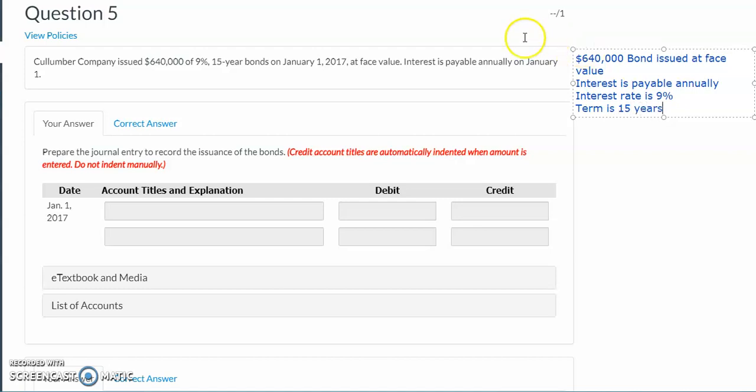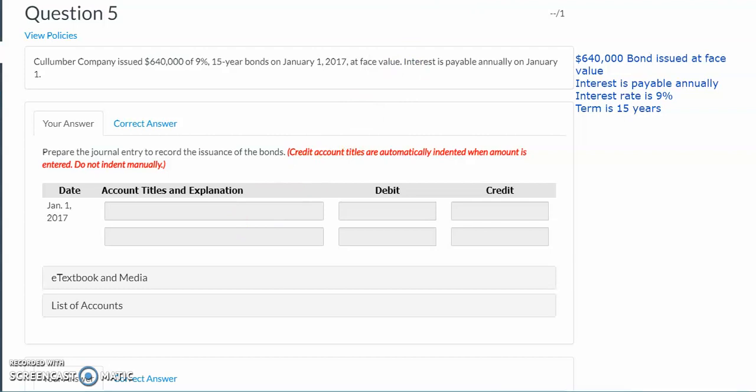So we're going to go ahead and get started by preparing the journal entry to record the issuance of the bond. When the bond is issued at face value, then the journal entry is a little bit easier for us to do.